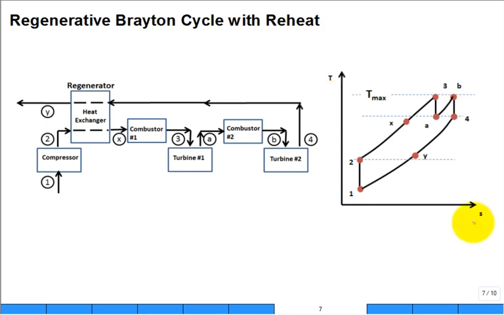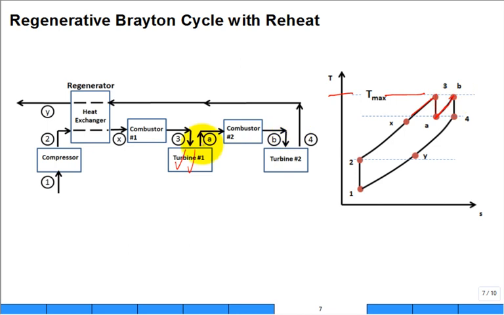On a temperature-entropy diagram, what you're doing is getting up to that maximum temperature limit, set by metallurgical limits, seals, and the problems with the materials in the engine, and then you'll expand isentropically. I'm just going to not do the two steps of isentropic and the efficiency. And then at an intermediate pressure, you reheat it.